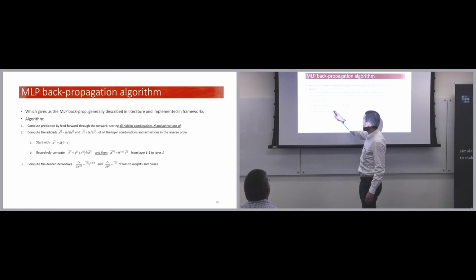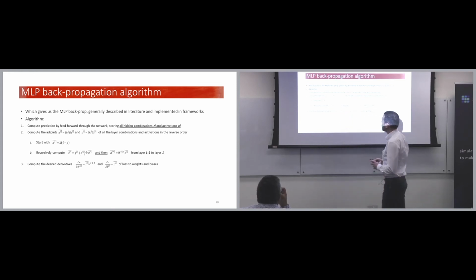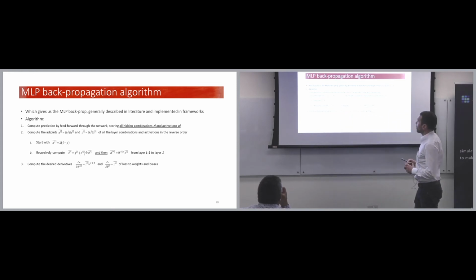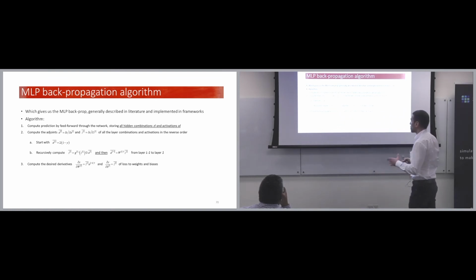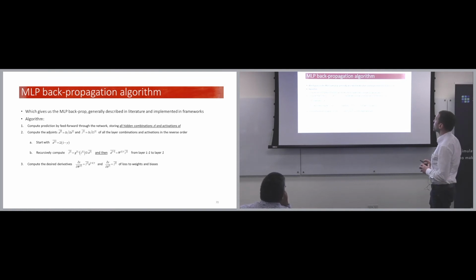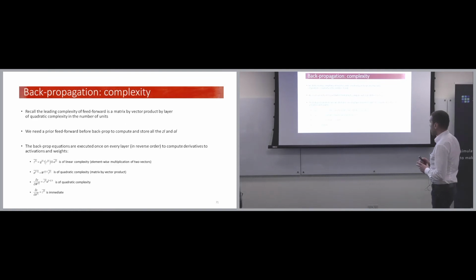And the sensitivities to the weights are obtained from the sensitivities to the linear combinations by right multiplication by the transposed activation of the previous layer. So that's the backpropagation algorithm for MLP.